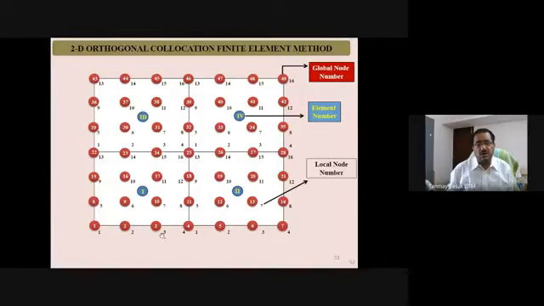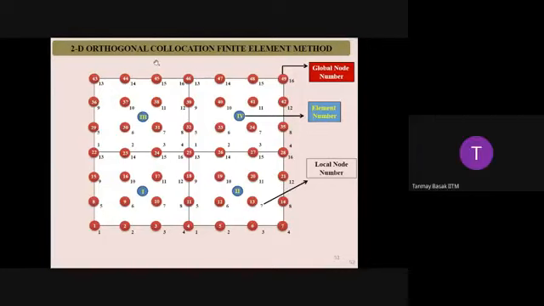If you look at the two-dimensional orthogonal collocation finite element method, I divided the entire domain into 4 elements: first element, second element, third element, and fourth element.